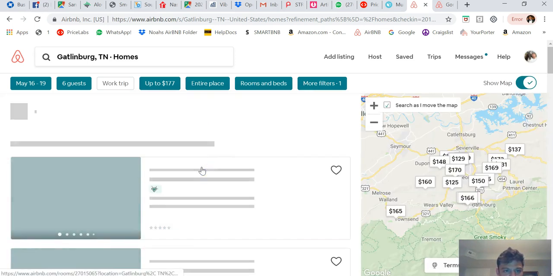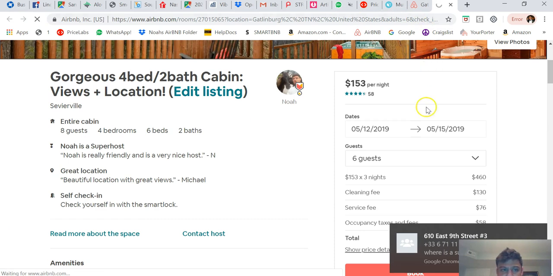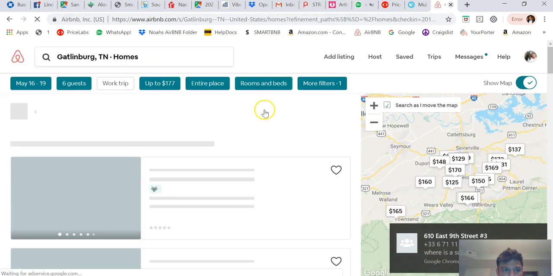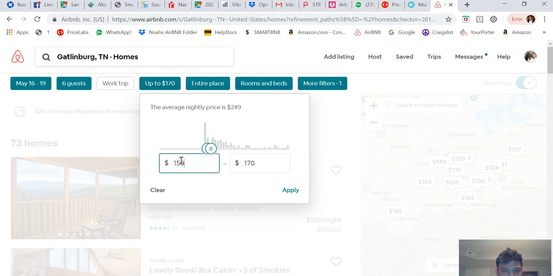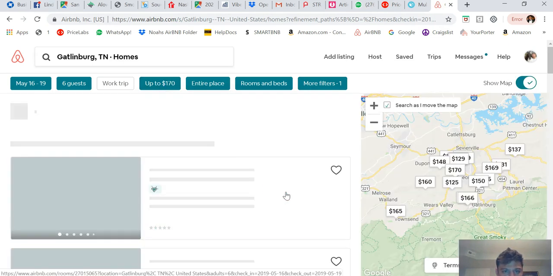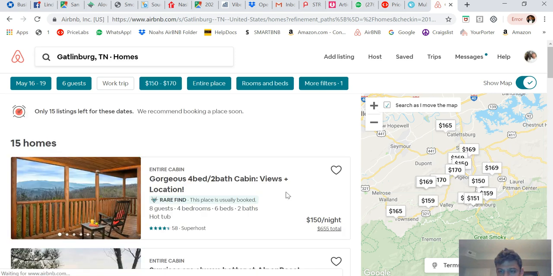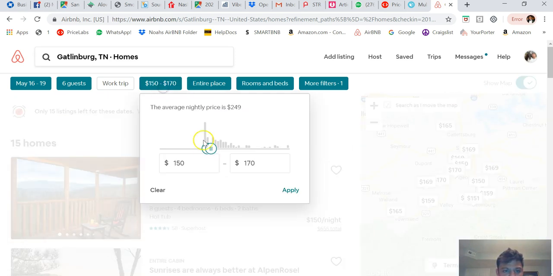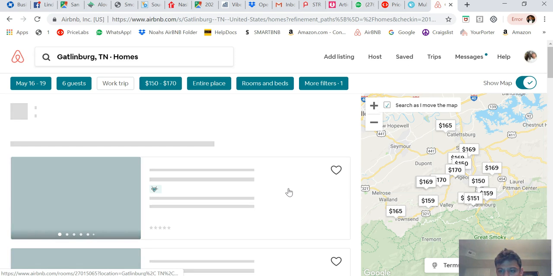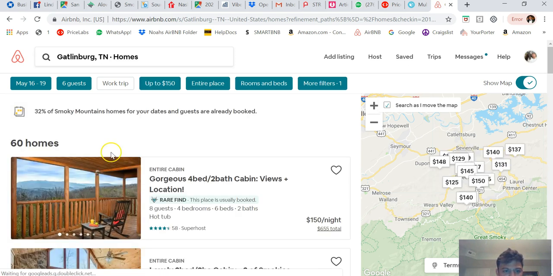Oops. I don't think we should do that. Do a range there? You can do a range. So it shows you there's 15 places between 150 and 170. Let's see how many there are between 130 and 150. 60.